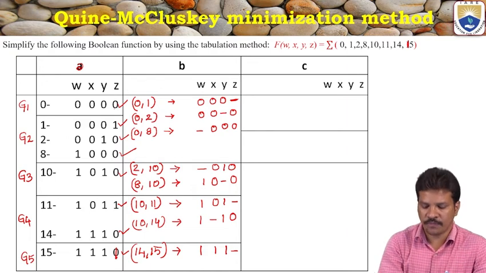Then 0, 2: in the third bit position there is a hyphen. Is there a hyphen in the third bit position in the second group? Yes, there is. So we can compare these two.